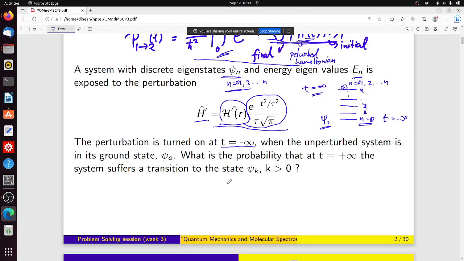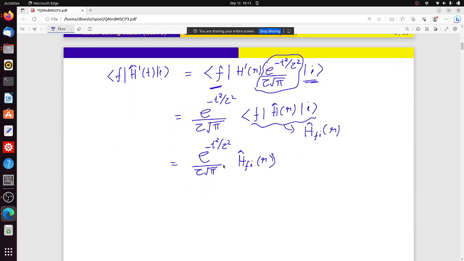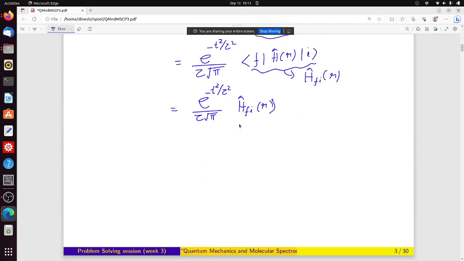Let me tell you the question again. We are given a perturbed Hamiltonian, and we have to calculate the transition probability from state psi 0 to psi k, and this is the general formula for transition probability. We express this term as this. Now we have to do the integration with respect to time.